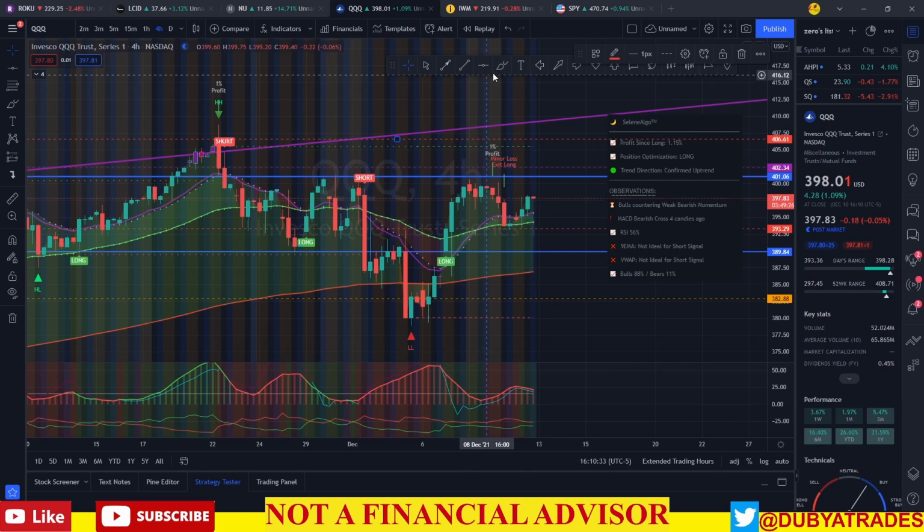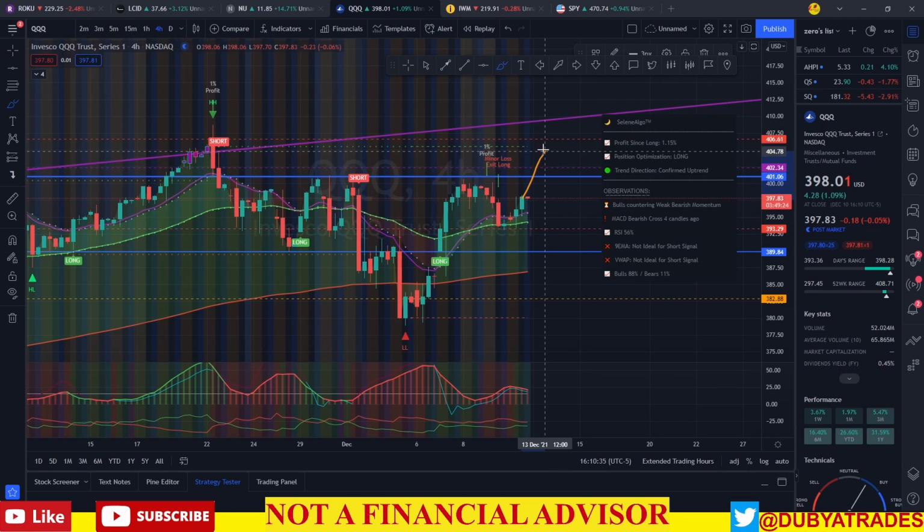So again, what we're looking for is it to continue up, retest and bounce, or continue down like that. Now, if it goes down, we want to see if it can close below the blue line, retest, and continue on down. So if it does continue down, we want to see like that.